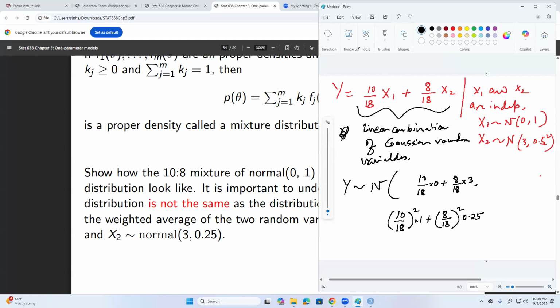Because we assume they are independent, I do not need to worry about the covariance term. So this is the variance of y. You see, this is purely a normal distribution, and over there, that was a mixture of two densities.